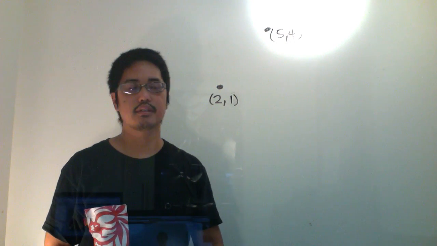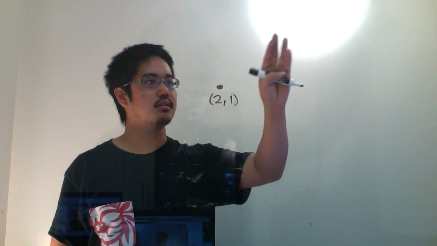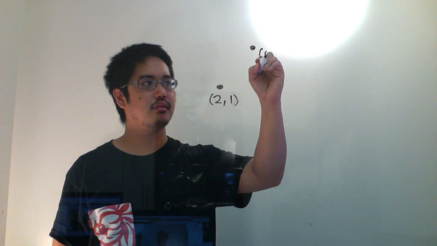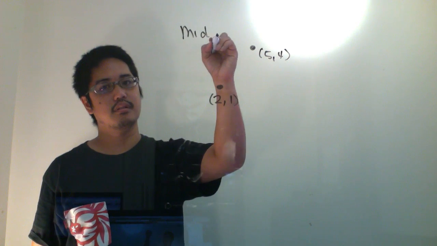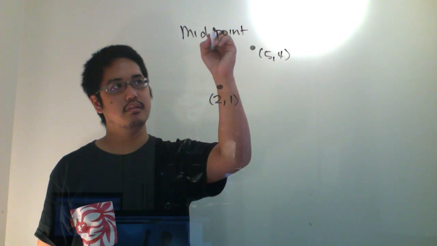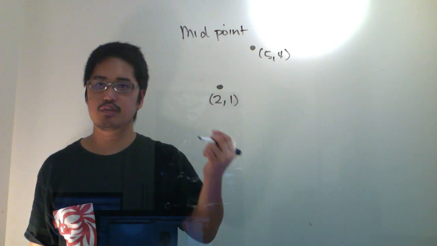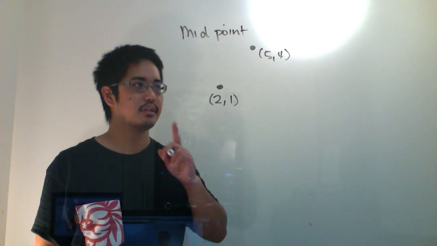What's the midpoint of this? You can barely see that, so I'm going to make it over here. 5, 4. All right, midpoint. Okay. Here's what you would do. Actually, I'm sorry.